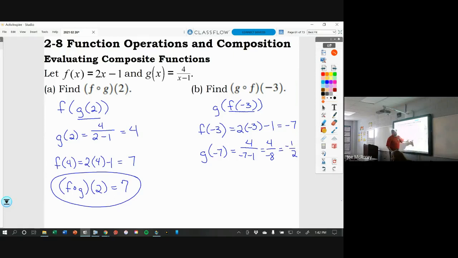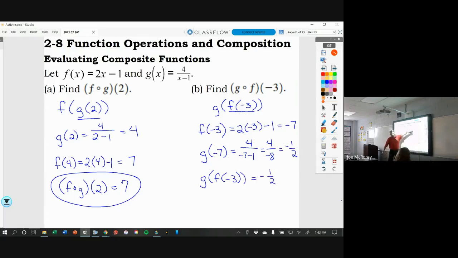So g of -7 is -1/2. Where did the -7 come from? That was f of -3. So I now know that g of f of -3, which is what the question asked for, is -1/2.